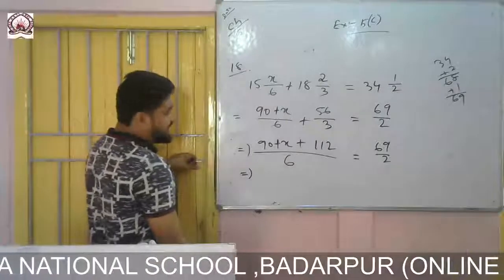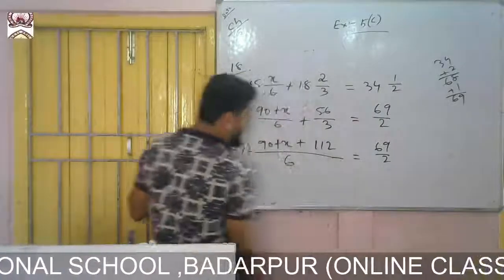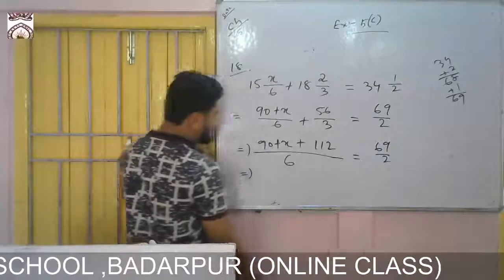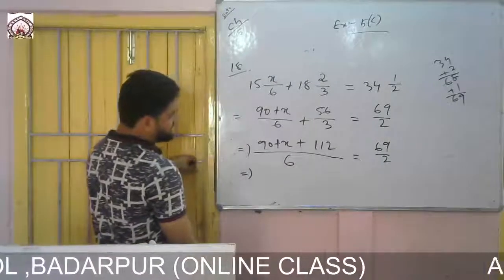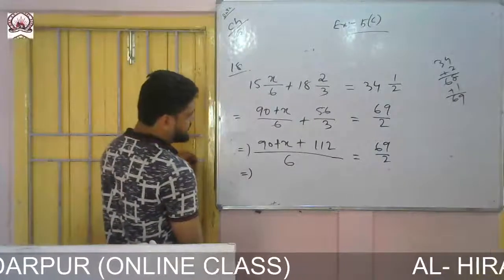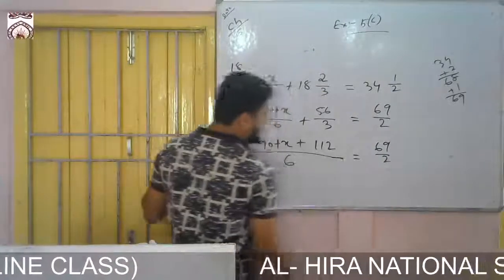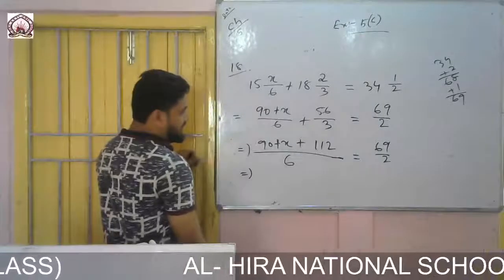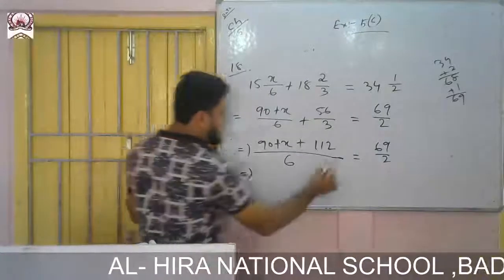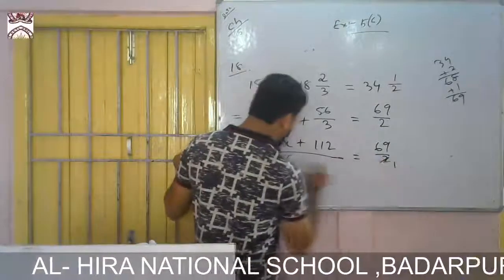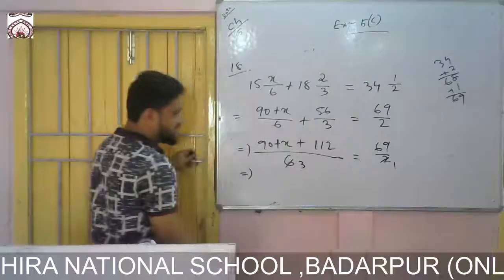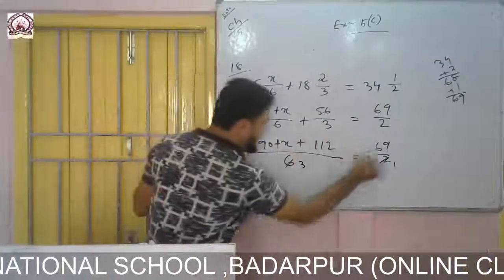Now I can cancel this both side. Now if I cancel, then 2 1 jar 2, 2 3 jar 6. Now cross multiply.